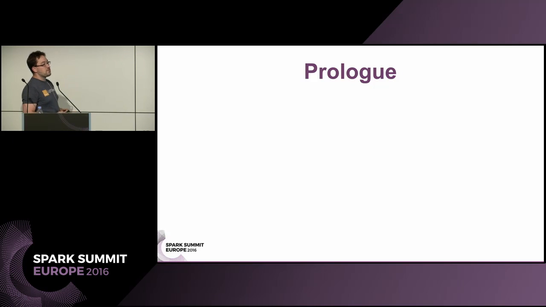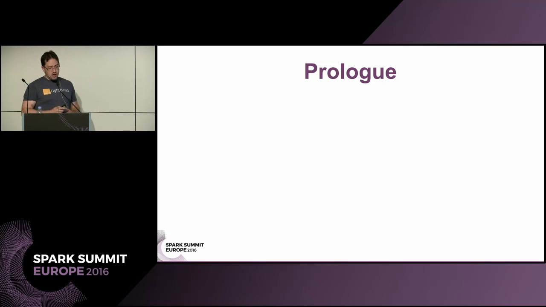Now, a quick prologue before we dig right in. My background is, I actually come from a .NET background, switched over to Scala a few years ago, got really big in Scala and then Spark. I am one of the top contributors on the Apache Spark Stack Overflow question answers, as well as I have a number of Pluralsight courses, one on Scala and one on Spark with another Spark one upcoming soon.